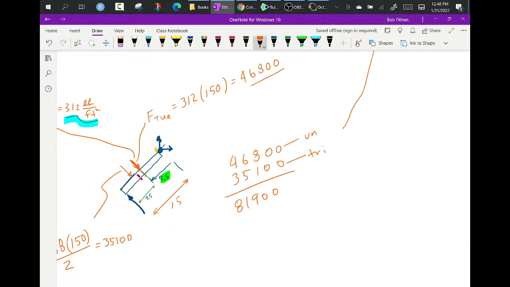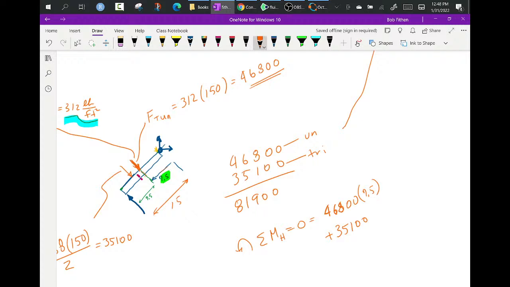And so now you can sum the moments about the hinge again. This time you get two loads. I'll do this one first: 46,800, and the distance down to it is 7.5. And I also get the 35,100.